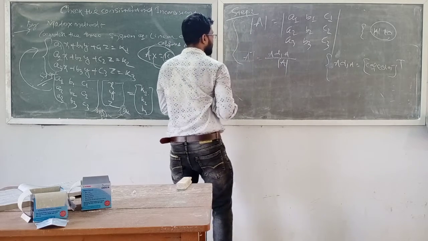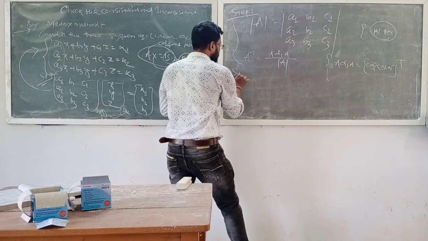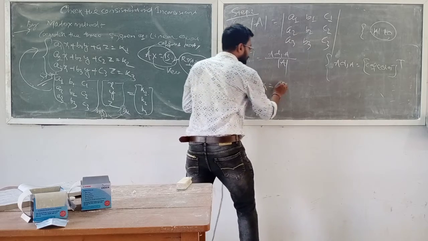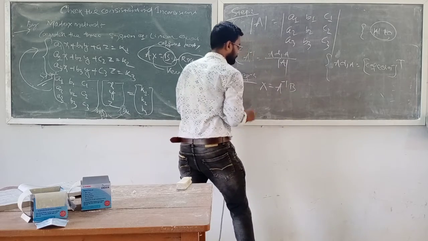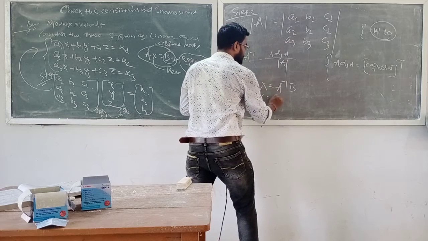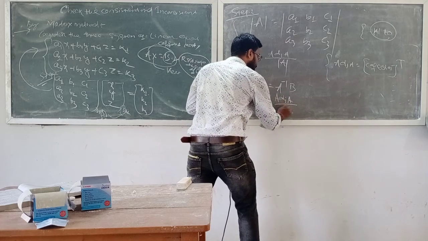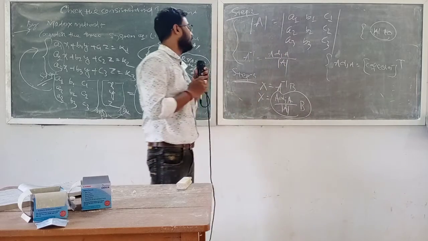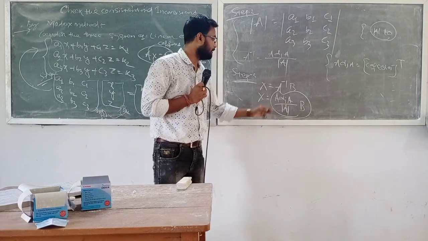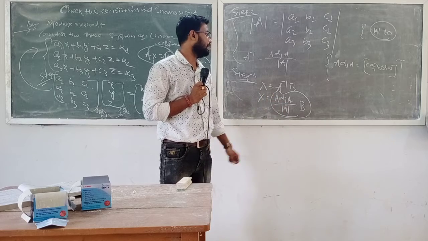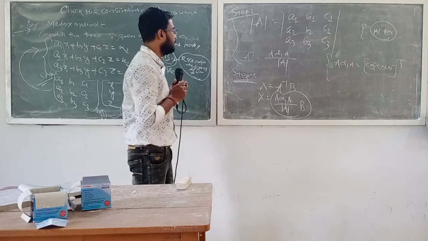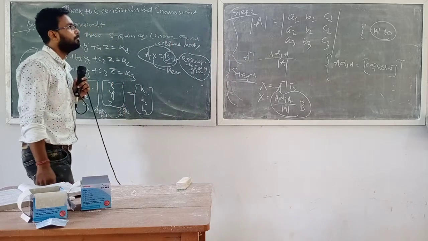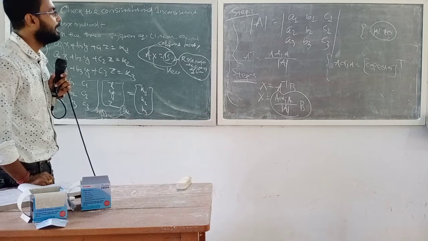Then the third step is x equal to A inverse into B. x equal to A inverse means adjoint A by determinant of A into B matrix. Then we can solve A inverse into B, or adjoint A by determinant of A into B. This is the procedure to find the values of x, y, z by the matrix method.